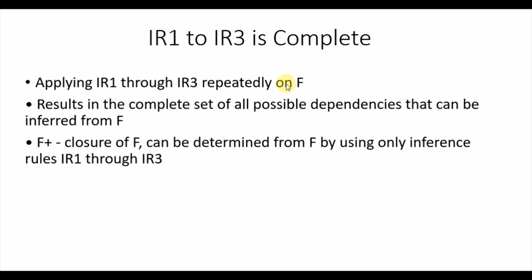That is, the closure of F can be determined from F by using only inference rules IR1 through IR3. Suppose you have a set of dependencies F and you keep repeatedly applying IR1 through IR3. You will get a complete set of all possible dependencies that can be inferred from this F, and that is nothing but the closure of F.